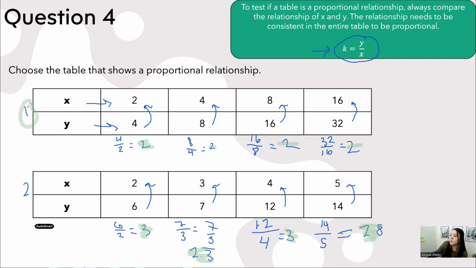Well, the answer to that would be table number 1. We can see that no matter what the y and the x value is, that relationship between them remains 2. So that's the proportional relationship. Table 2 does not have a proportional relationship. There are different values in all of the relationships: 3, 2.3, 3, 2.8. So our second table, table 2, is not a proportional relationship.